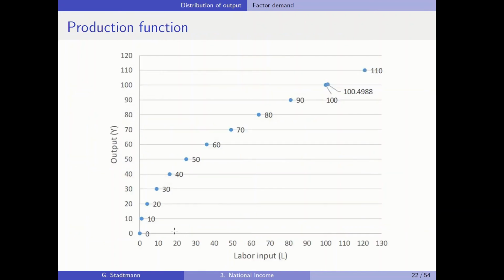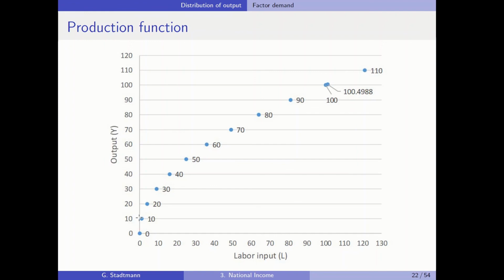Let's have a look at this graphical representation of the output function. In case that, for example, we are using 1 unit of labor and 100 units of capital, then it is the case that our output will be equal to 10.